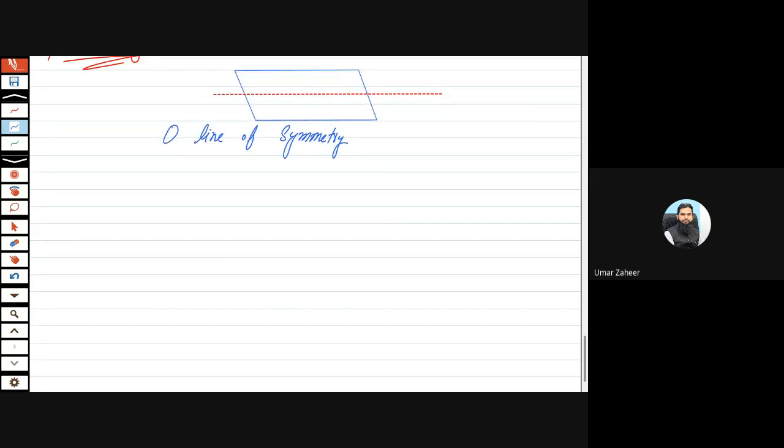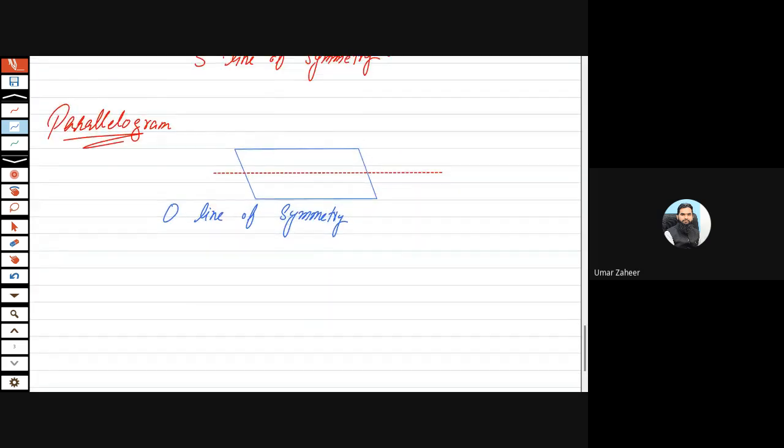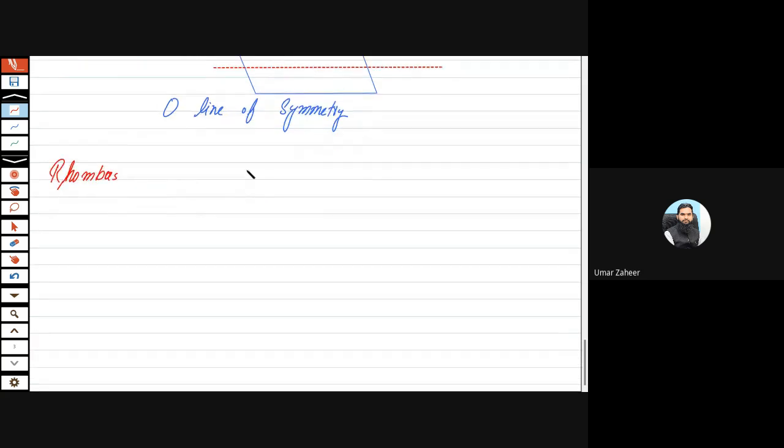Yes, another shape, rhombus, right? Yes. In a rhombus, all the sides are equal. I will try my best to make a good rhombus here. Is there any line of symmetry?